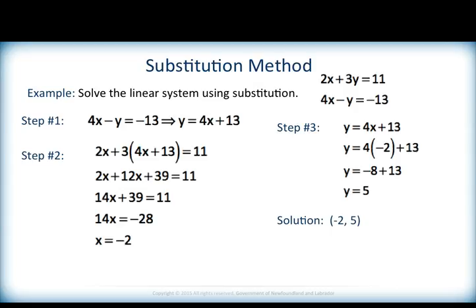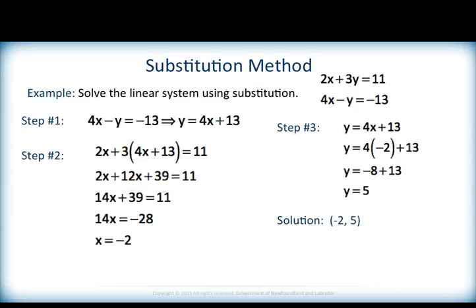If we want to verify that now to make sure that that is actually a correct solution and a point of intersection for those two lines, we can substitute it back into the original equations. So 2 times -2 will give us -4. 3 times y, which is 3 times 5, will give us +15. -4 plus 15 will result in 11.